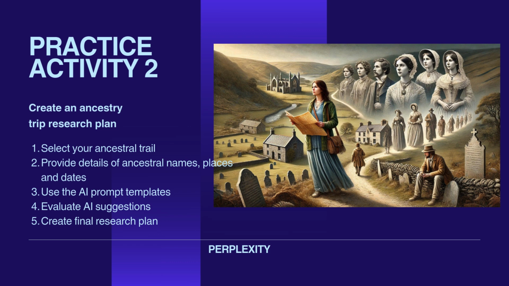Now for this one, I set up a series of prompts using Perplexity. I find that this is a great tool for helping you schedule and plan your research and for delving into historical context for your family history. Here's an example of what I did.